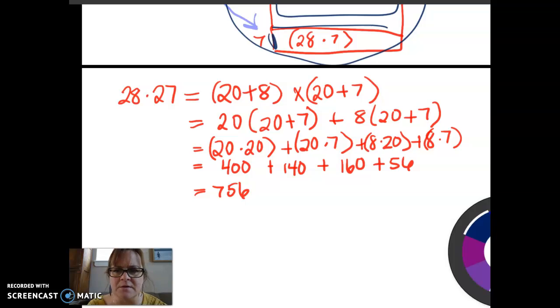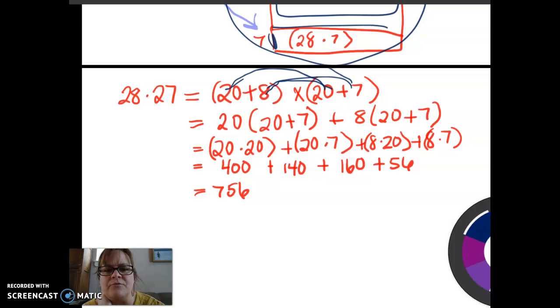All right, last part. Let's look at the expanded form. We're going to think of 28 as 20 plus 8, and we're going to think of 27 as 20 plus 7. So we're multiplying 20 times 20 plus 7, and then we're also going to multiply 8 times 20 plus 7, because we're going to be using our distributive property knowledge here.